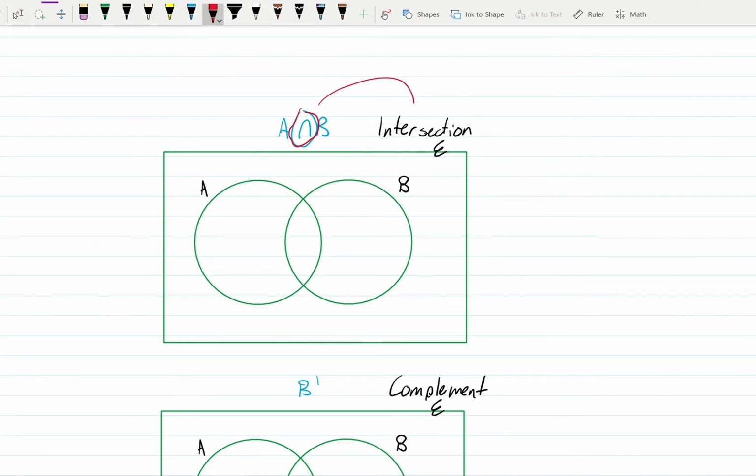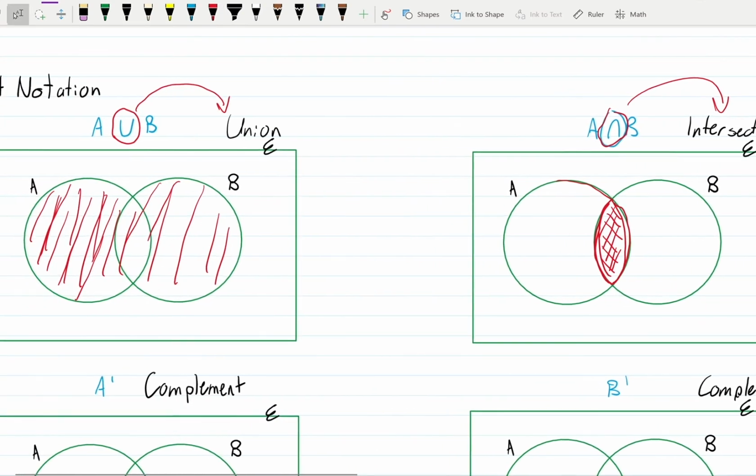What this means is we're looking at all the elements that are shared between A and B. So that would have to be this region here if we were going to shade it. Because when you look at it, we have some of the elements in A matching with some of the elements in B, and that's going to give us that intersection there. So that's really what intersection means. We're looking at elements that are in both A and B, that are shared between A and B.